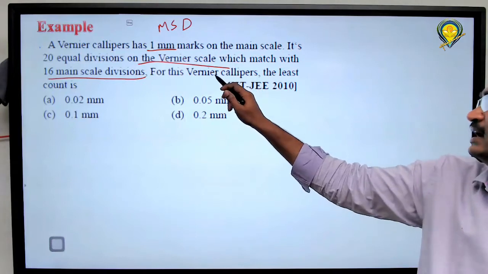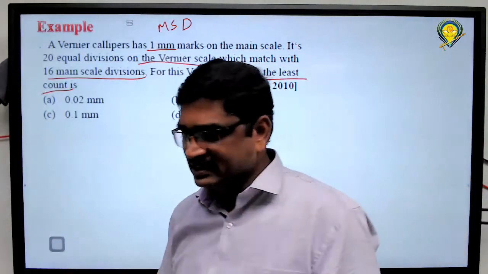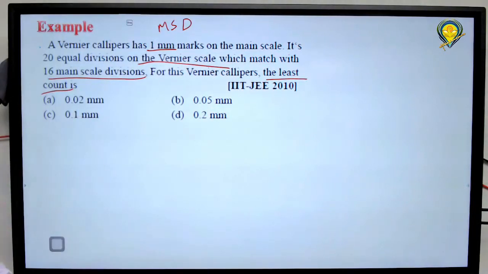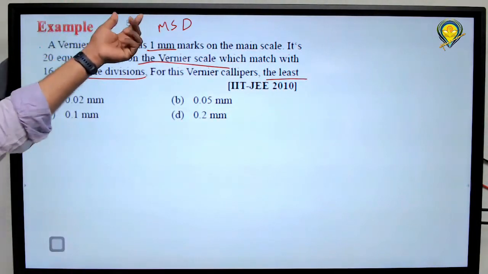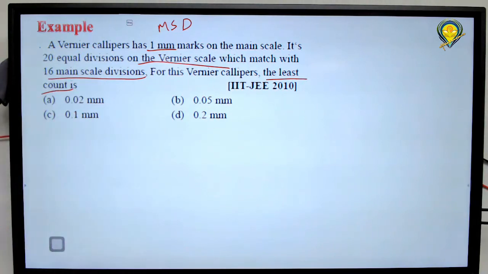Then calculate the least count. Here 20 divisions on the vernier scale are there, but 16 divisions on the main scale, so don't use the first method. Go through the second method. First identify one vernier scale division.